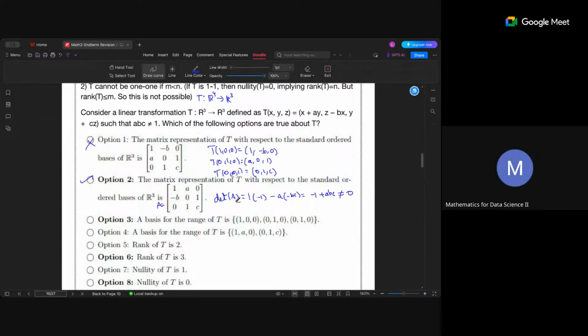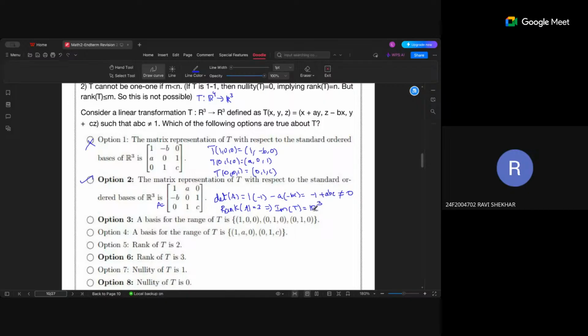So if the determinant is non-zero, what do you know about the rank of the matrix? Full rank. So rank of A is equal to 3, which implies that the image of T is equal to R3.